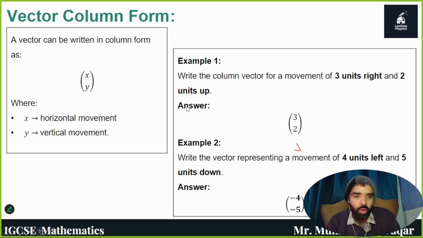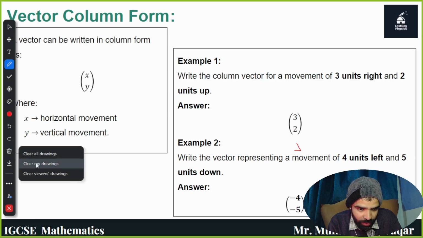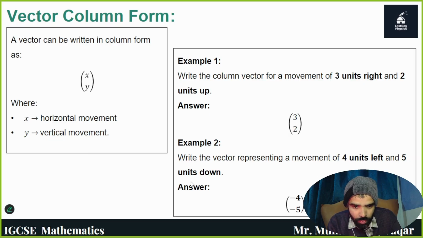Okay, again, column vectors, how do we represent them? I'll be sending you these slides. How will we write a vector in column form if we have some movements, 3 units right, 2 units up?